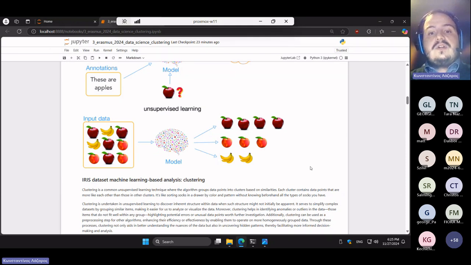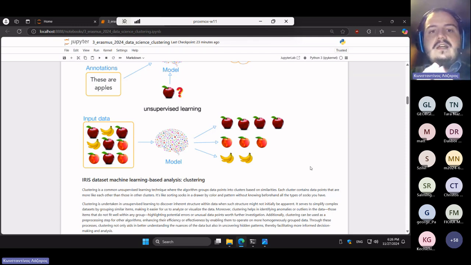But what we want to achieve through this process as a final result is a specific number of distinct groups where the samples that belong to the same group are very close to each other. And this, of course, always happens in accordance to their attributes, their features. We also want samples that belong to different groups or clusters to be as far away from each other as possible so that we can have very distinct clusters of objects.